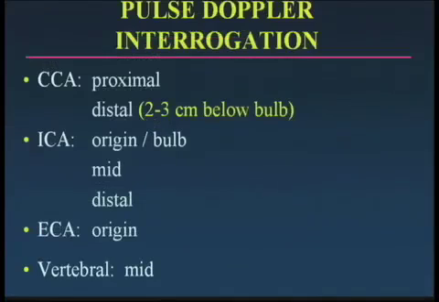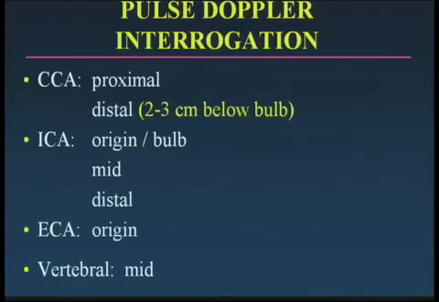Having evaluated the plaque, the next thing we do is move on to pulse Doppler interrogation in order to quantitate the degree of stenosis more accurately. You obtain a pulse Doppler tracing in the proximal common carotid artery and in the distal common carotid artery. It's very important that the distal measurement be made 2 to 3 centimeters below the bulb so that you don't make that measurement where the carotid artery widens as it joins the bulb and forms the internal and external carotid artery.